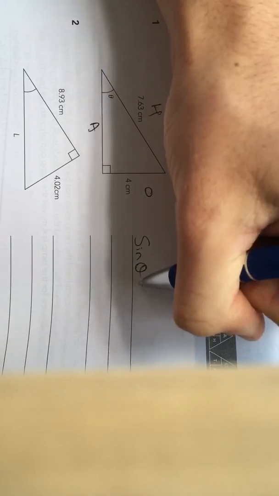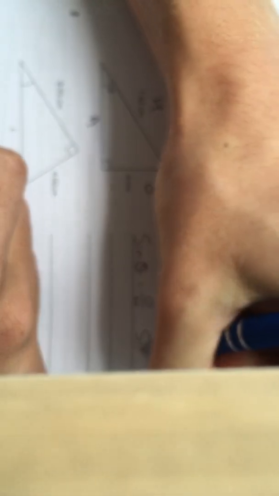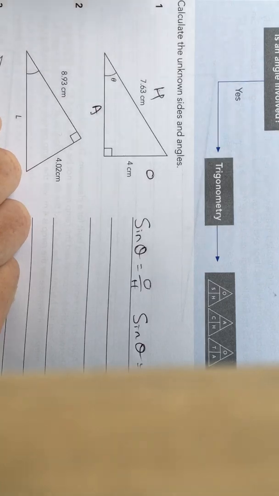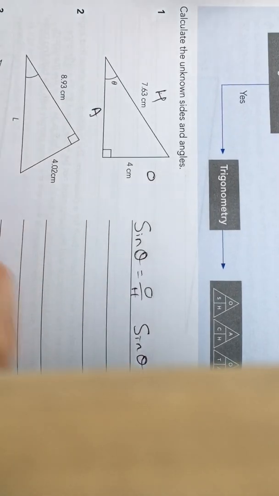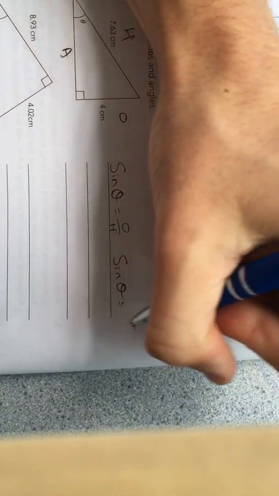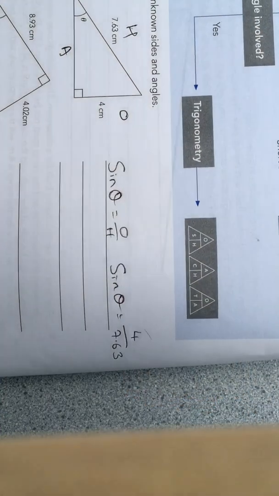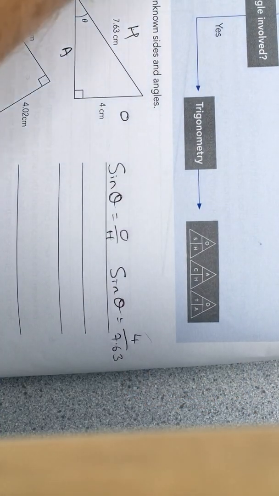Okay, so sin theta is over h. So sin theta is 4 over 7.63. Okay, calculate what that is in your calculator.